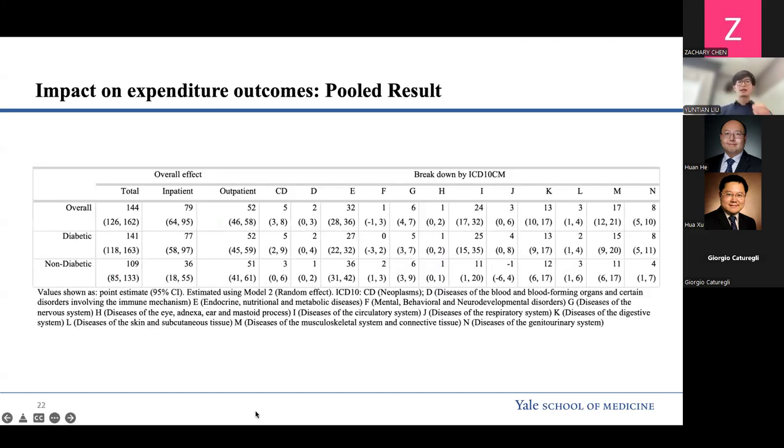And if we look at the binary treatment effect, the average monthly expenditure for those patients actually increased in general by 150 after they used semaglutide.